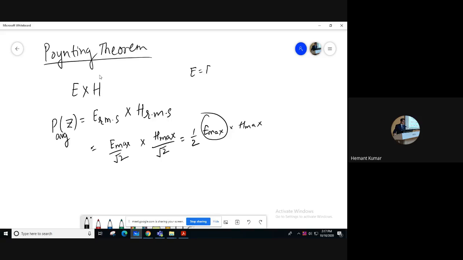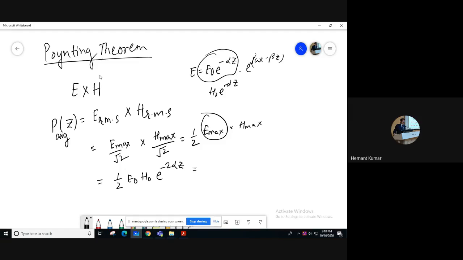E is given by E naught e to the power minus alpha z, e to the power j omega t minus beta z. What is the maximum amplitude? This is the maximum amplitude. Similarly, H naught e to the power minus alpha z. You just need to put this in the equation. Then you will get 1 upon 2 E naught H naught e to the power minus 2 alpha z. It becomes 2 alpha z because alpha z comes from here and alpha z comes from here.